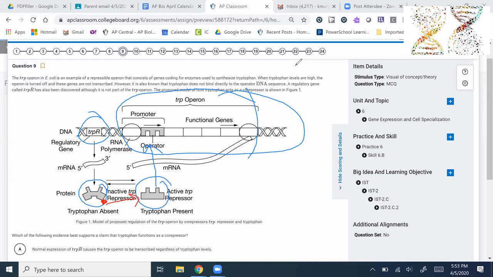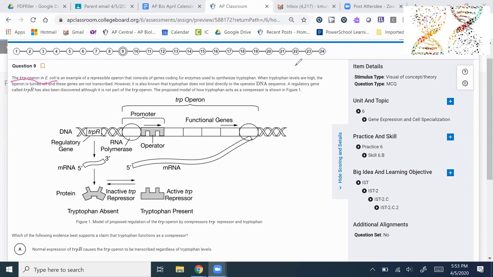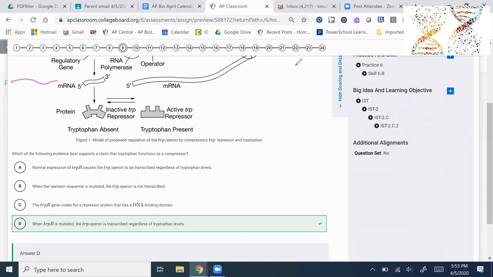All right, well, let's see what the question asks. Which of the following evidence best supports a claim that tryptophan functions as a co-repressor? All right, so we have learned this.